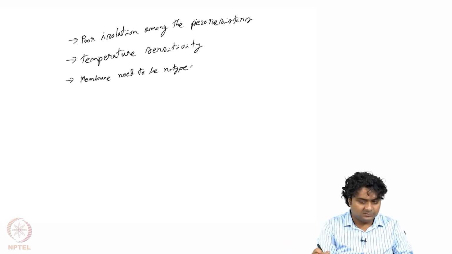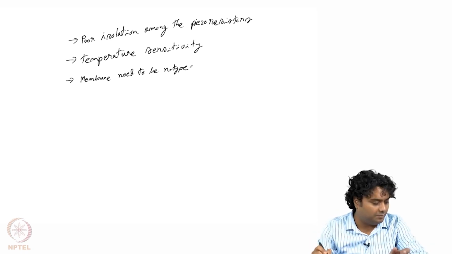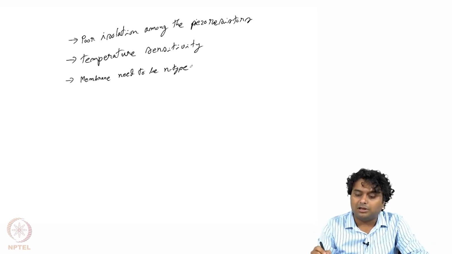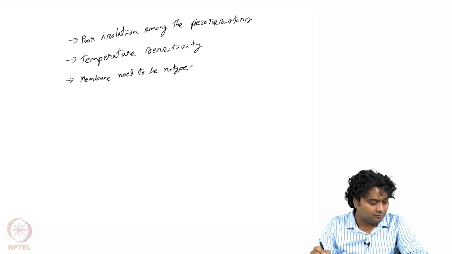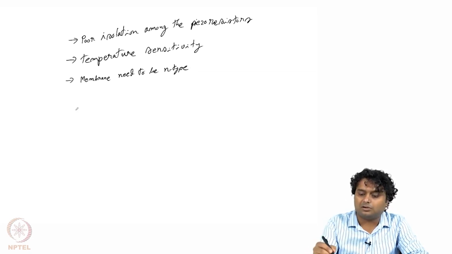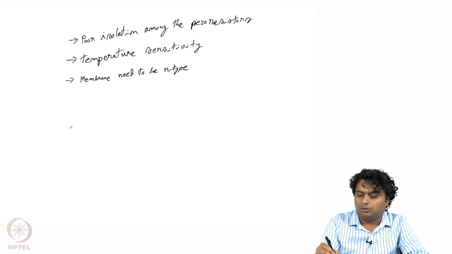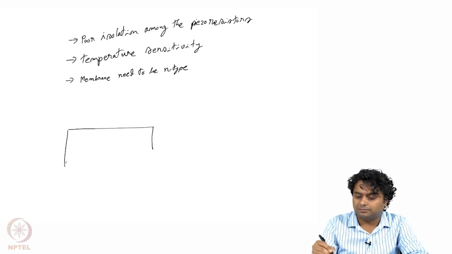N-type. So one kind of solution that can be thought of for this purpose is polycrystalline piezo resistors on oxide. What we do is we have the membrane like this, as we have already discussed.